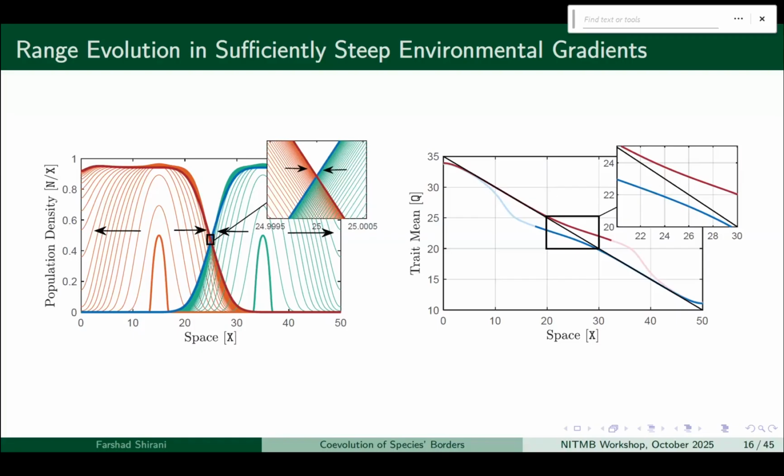I don't have much intuition, but one of the posters I remember suggests that we are still going to see range limits, but probably narrower, or it might have some other features. I don't have much intuition about what's going to happen. This model was trying to test a competition hypothesis.